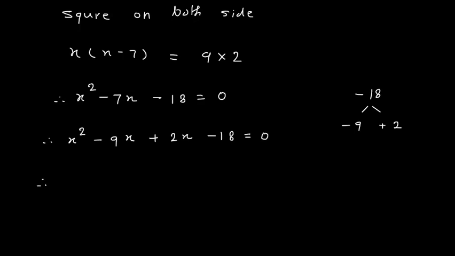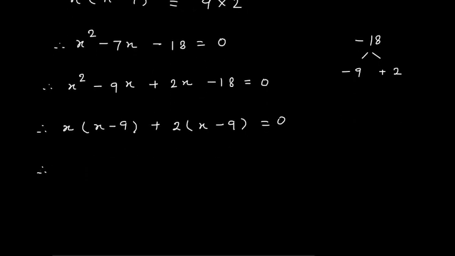So I take x common. By taking x common, I have x minus 9, plus here I will take 2 common. Again I have x minus 9 is equal to 0. So you get x minus 9 in one bracket and x plus 2 in the other bracket, and this is equal to 0.